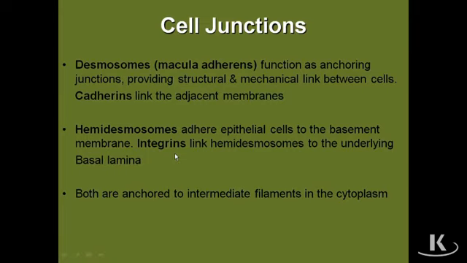And as we know, the cytoskeletal element that's closely associated with a desmosome are intermediate filaments, usually keratin intermediate filaments, in the adjacent cytoplasm. And hemidesmosomes, as we said, link epithelial cells to the underlying basement membrane, but instead of utilizing cadherins as their adjoining molecule, they utilize integrins that link hemidesmosomes to the underlying components of that basement membrane.